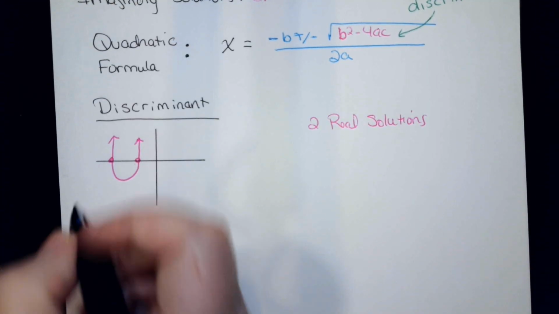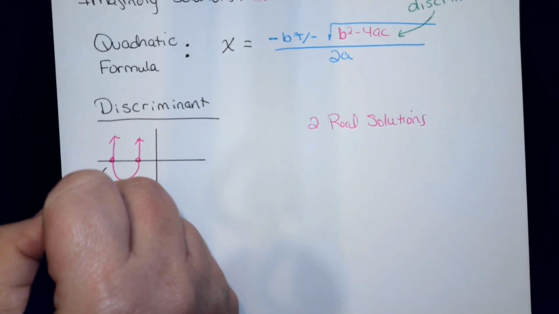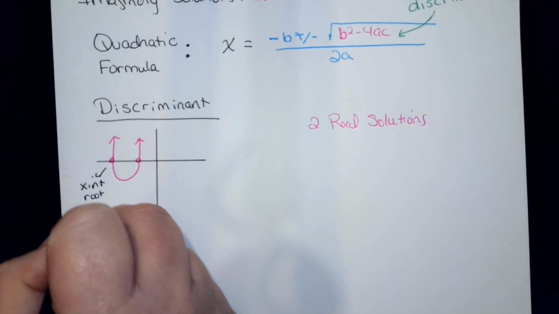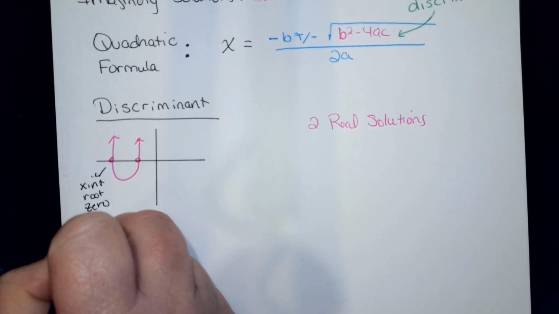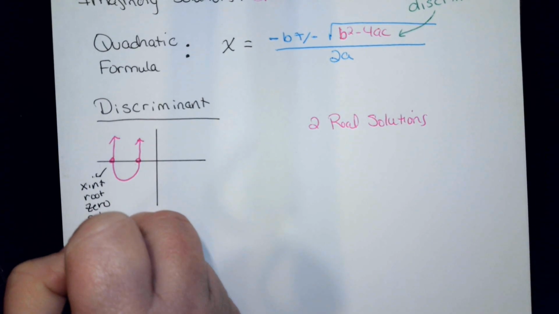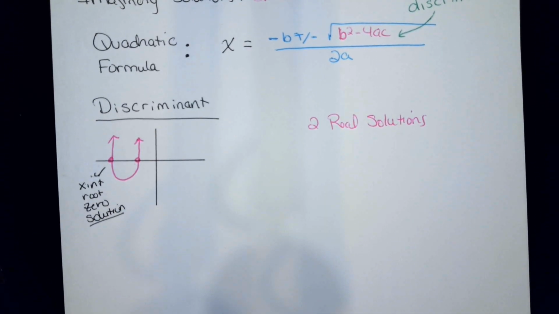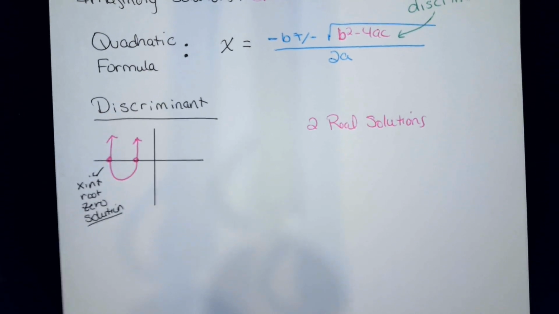Now, remember that the x-intercept is also known as a root. It's also known as a 0. And finally, it's also known as a solution. Okay, so wherever it crosses the x-axis, that is a solution to that single equation.